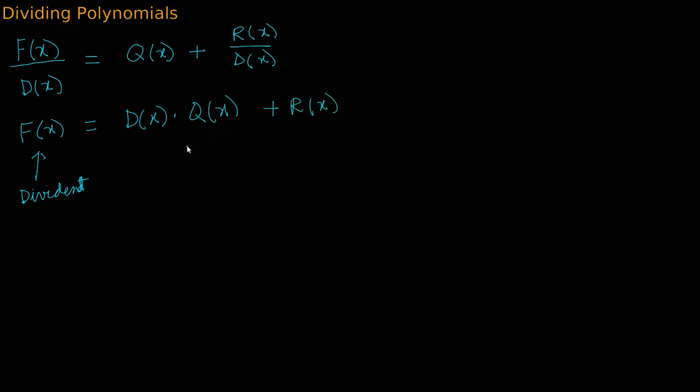So here q(x) is my quotient and r is the remainder.